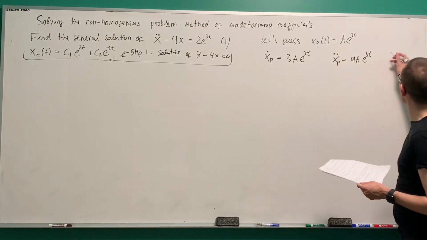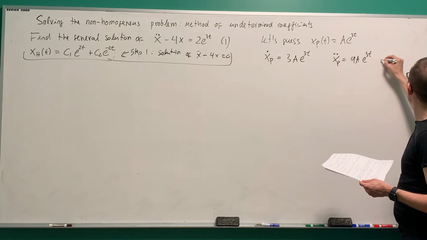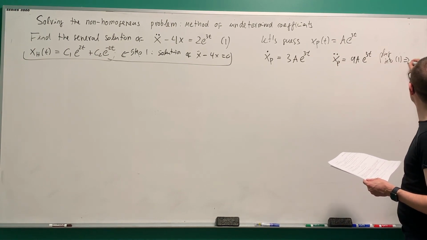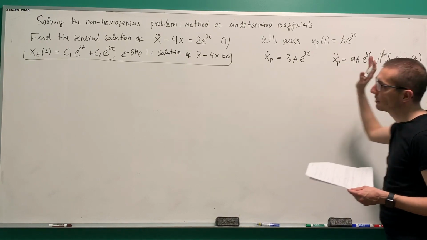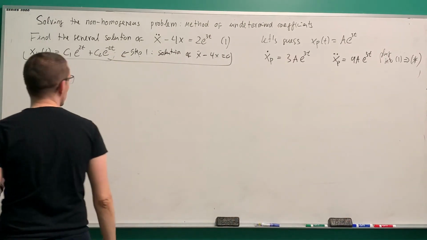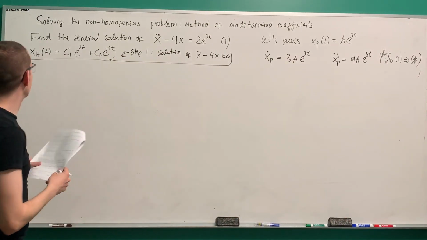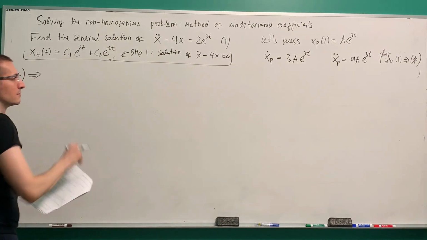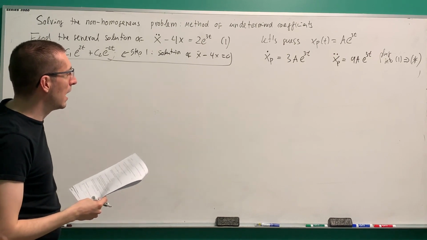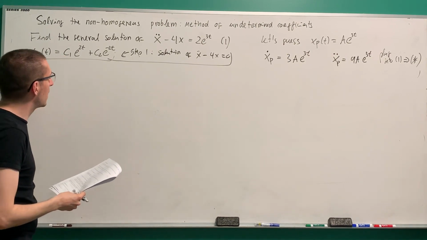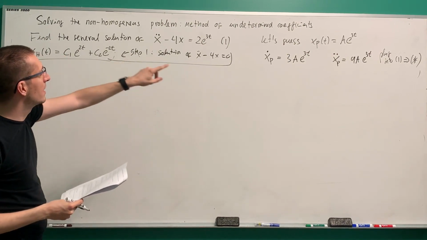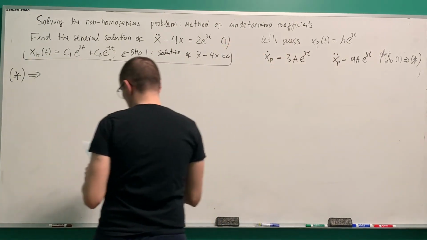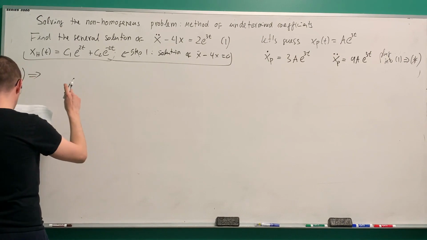All right, so let's plug this into 1, and then the wormhole takes me to the far side of the uniboard. We get here the out region of my wormhole, and then I'm going to plug in this, and that into 1, and what I get is the following.